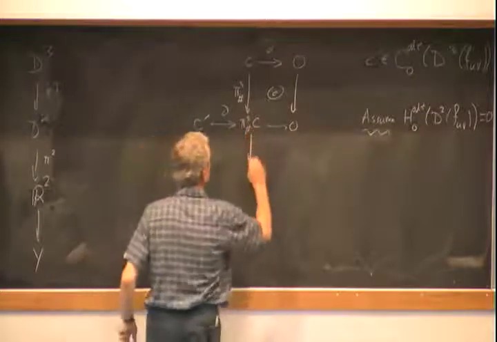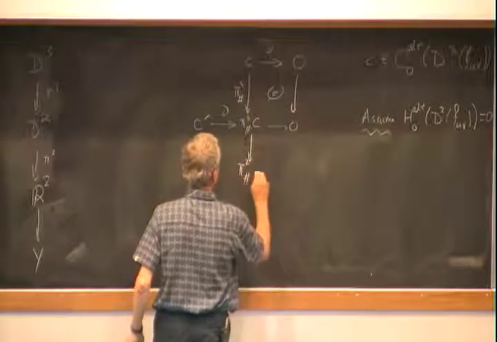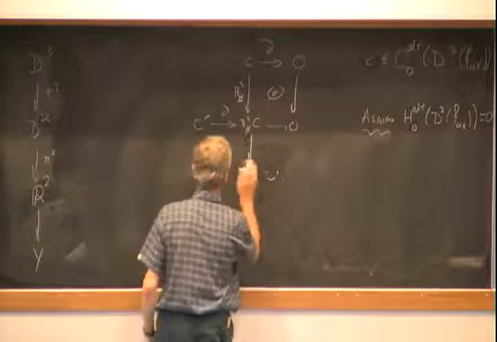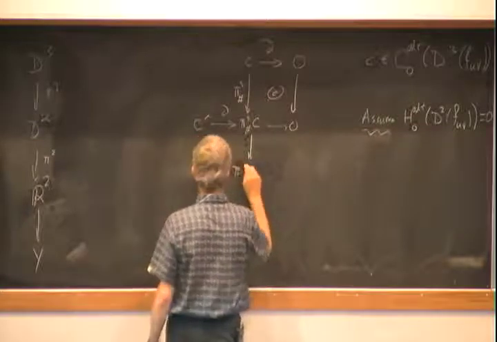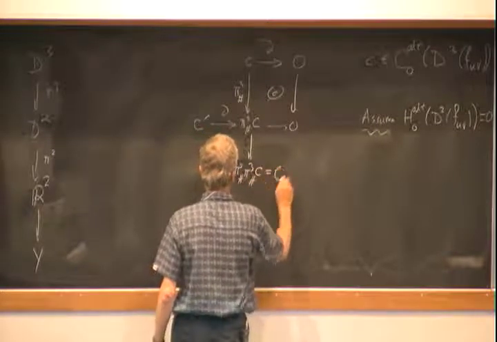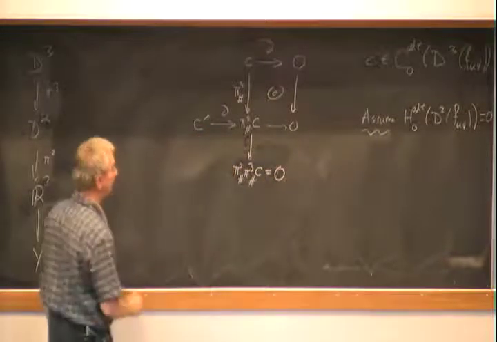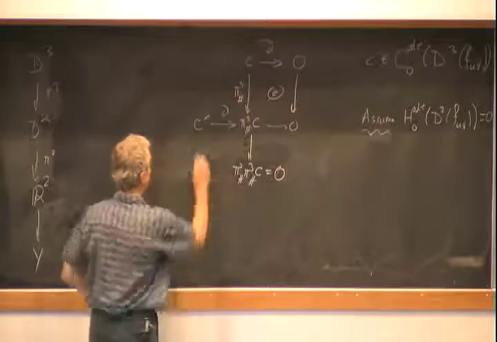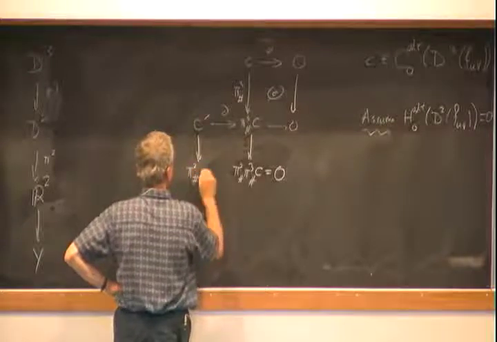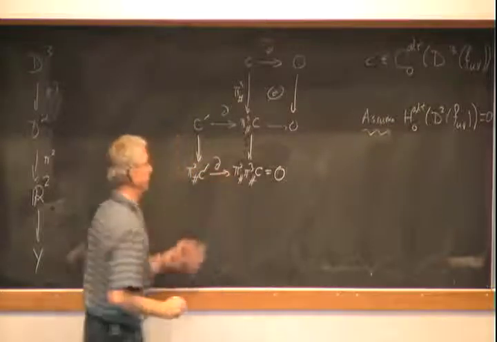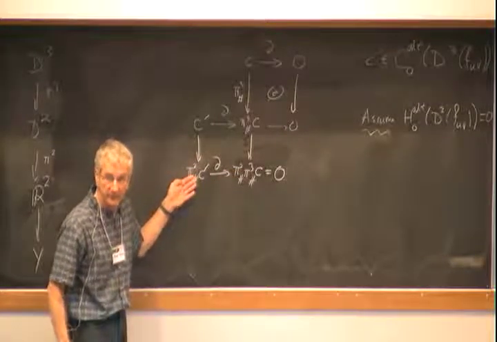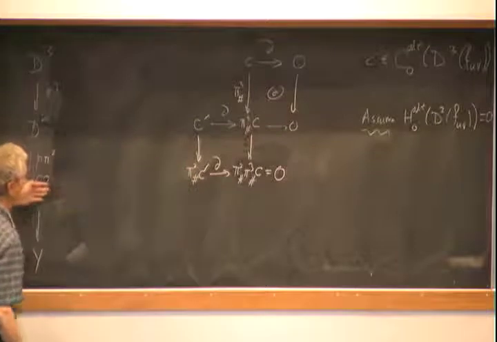But now if we apply pi 2 lower sharp, of course we get pi 2 lower sharp pi 3 lower sharp C. That is 0, because we know that if you go down twice you get 0. So this C prime, pi 2 lower sharp of C prime, goes to 0. So it's a cycle, and it means it represents a homology class. Now we're in R2.